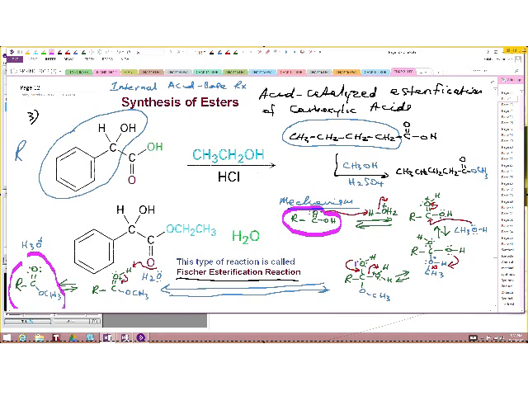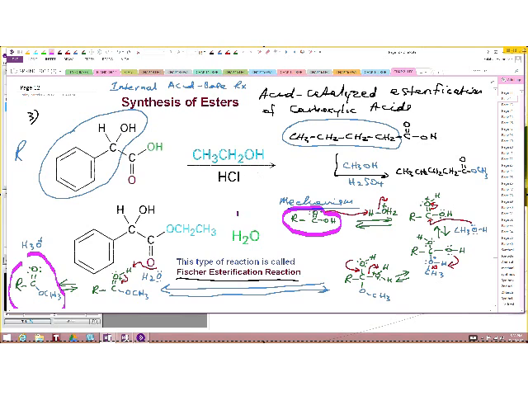The mechanism is the reverse of the acid-catalyzed esterification. So you simply just have to go backward. Of course, the first thing is protonation, and then once you protonate, the water attacks, and it goes all the way back.